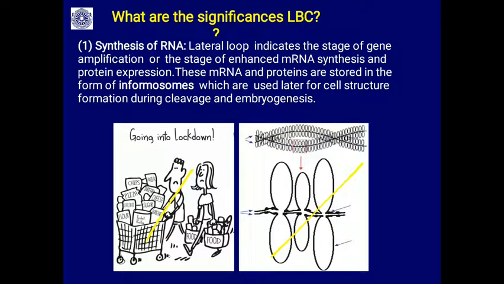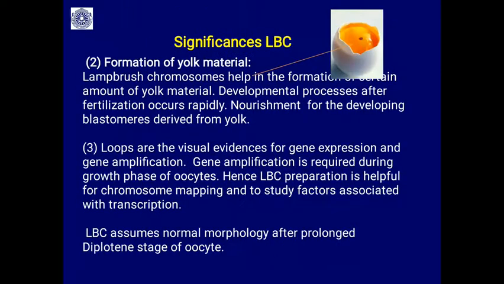This is exactly how we buy things before the lockdown, so that we do not have to shop later. Similar things you will find in lampbrush chromosome formation during the diplotene stage of meiosis.